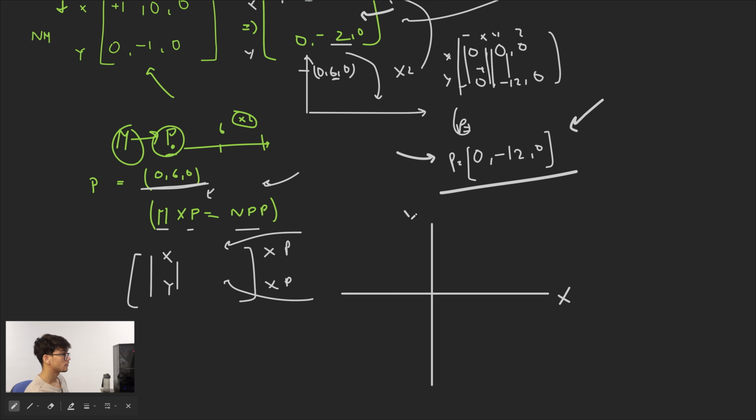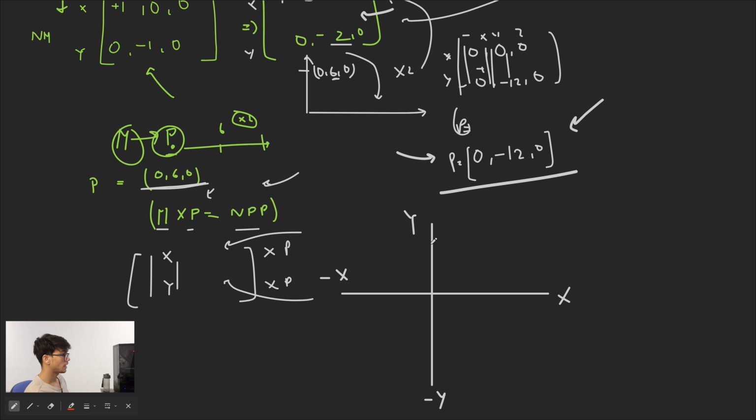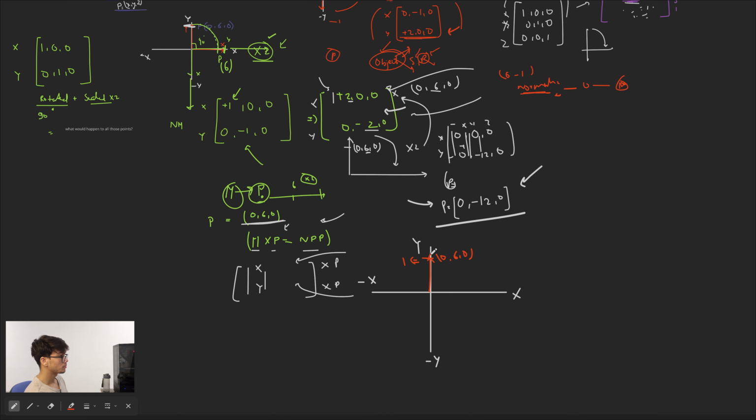We have x, we have y, we have minus y, we have minus x, and we had our vector, let's say here, which was 1, and now its point position will be here for 0, 6, 0, right? Its point position was p, which was 0, 6 and 0.